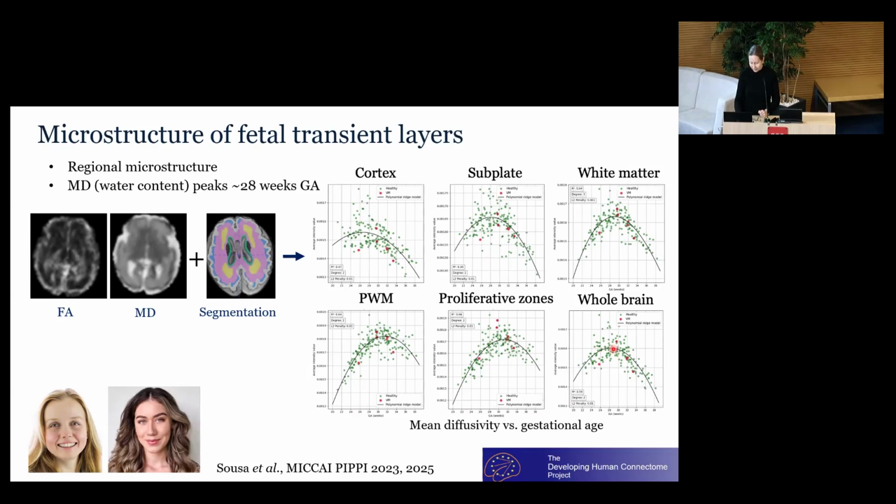That's how I interpret it, even though I'm not an expert on it. And we see this peak around 28 weeks. But if you look at some other zones, especially periventricular white matter, that's the bright bit of white matter, it seemed to peak a bit later, around 32 weeks. So this was quite interesting. That's what we saw in our DHCP data.